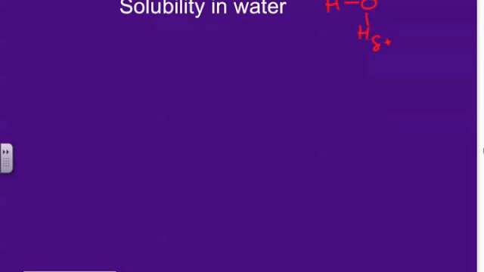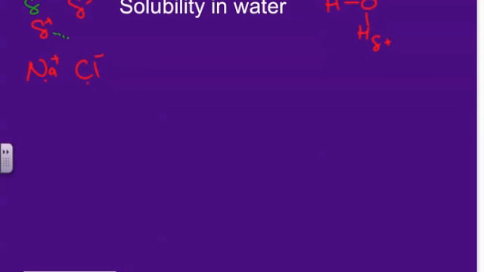So if you have an ionic compound, like salt is ionic, salt has these positive and negative charges that could be attracted to the partial positives and partial negatives of water.